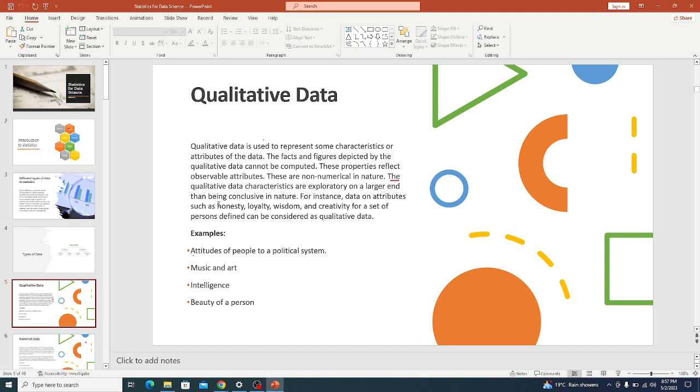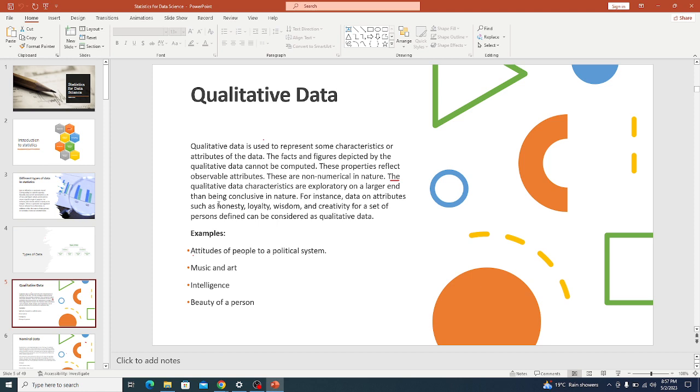For instance, data on attributes like honesty, loyalty, wisdom, and creativity for a set of persons can be considered qualitative data. Those are some of the attributes we can use.